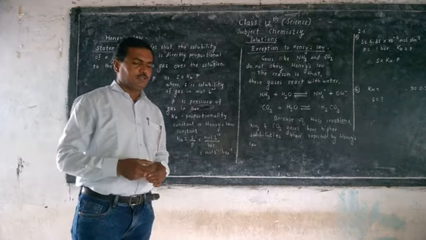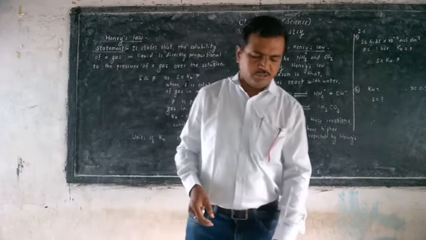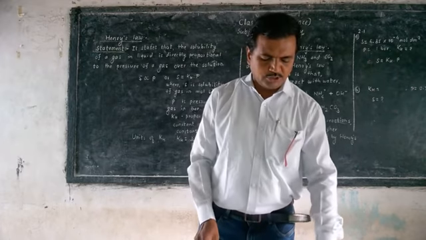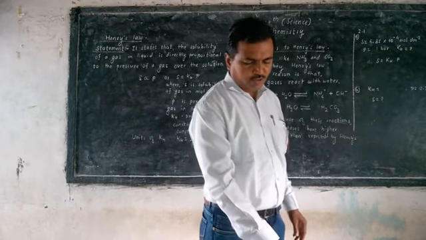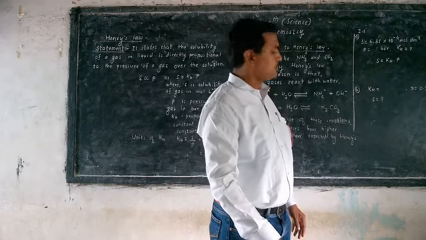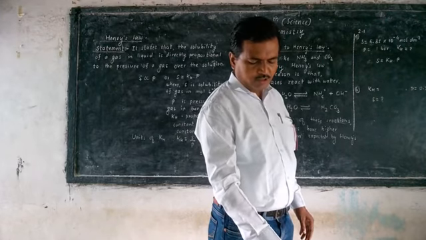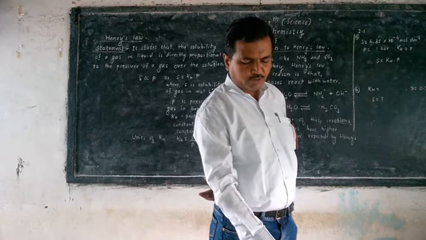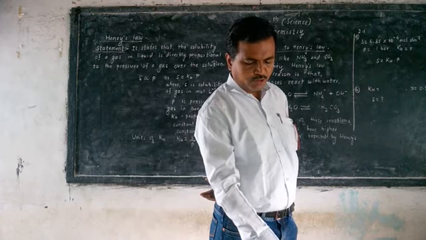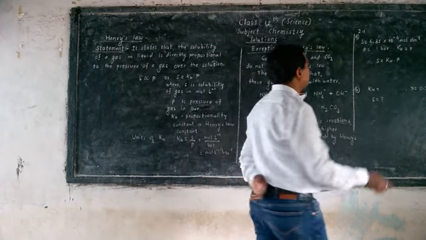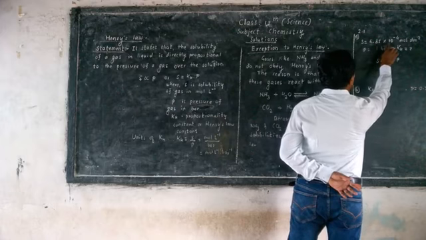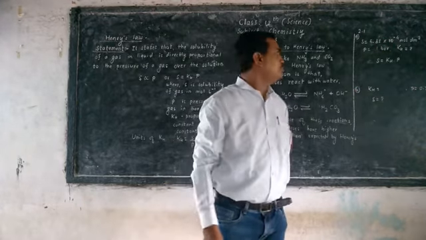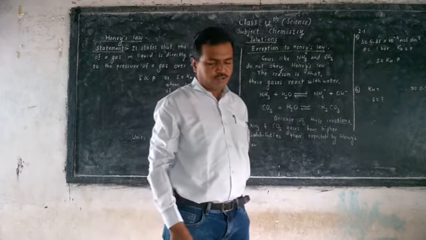Here some examples are in our textbook. The first example: the solubility of nitrogen in water at 25 degrees Celsius and 1 bar is 6.85 into 10 raised to power minus 4 mole per decimeter cube, and pressure is 1 bar.